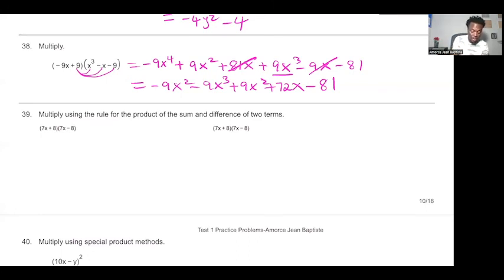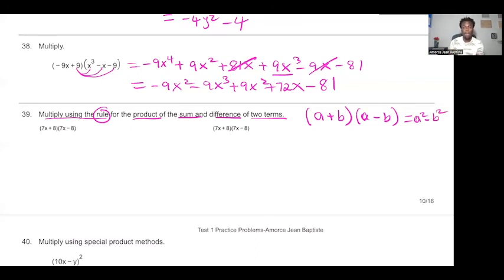They say multiply using the rule of product of the sum and difference of two terms. The product of the sum and difference of two terms is the difference of their squares.